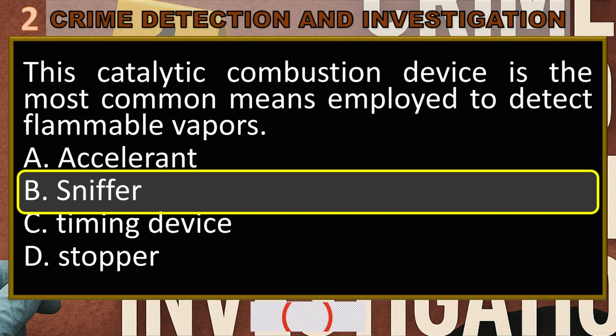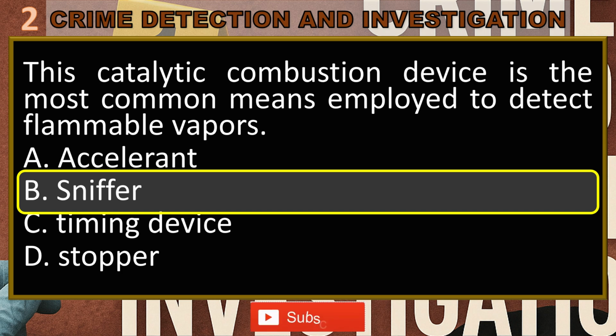Explanation of other choices. A. Accelerant. Definition: a flammable substance, for example gasoline or kerosene, used to start or spread fire. Why incorrect? It is what is detected by the device, not the device itself. C. Timing device.